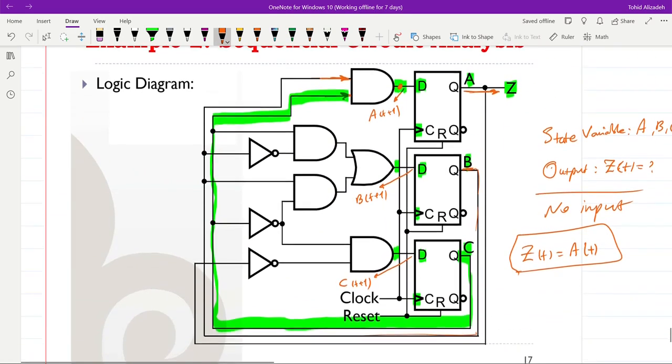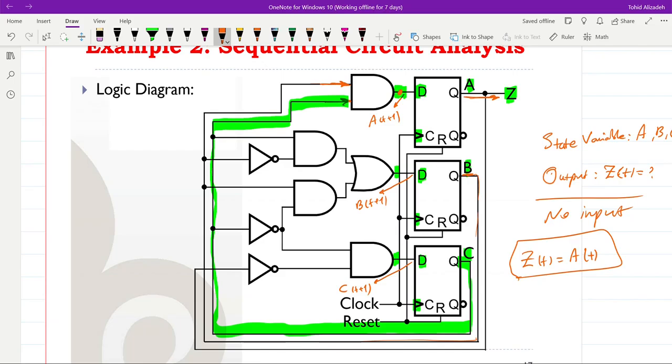Then for B at t plus 1, we have an OR of two values, and both of them are the outputs of AND gates.